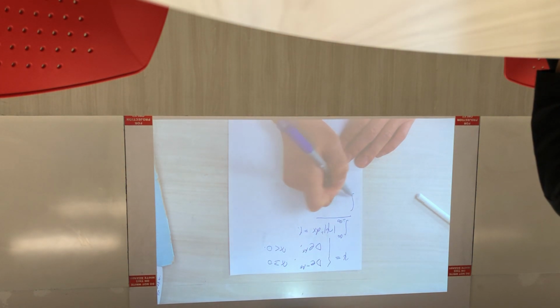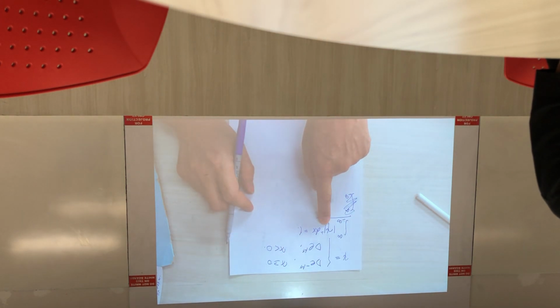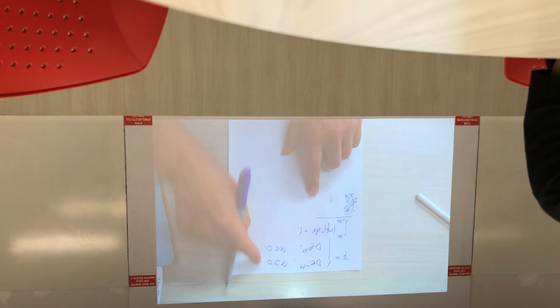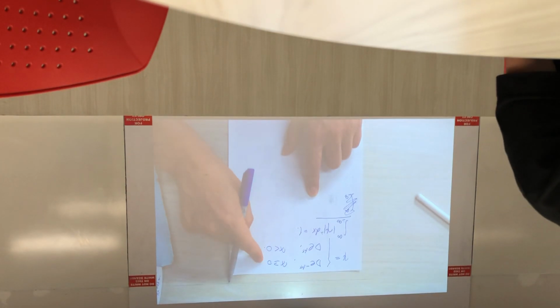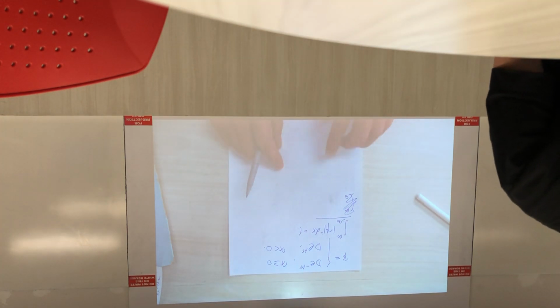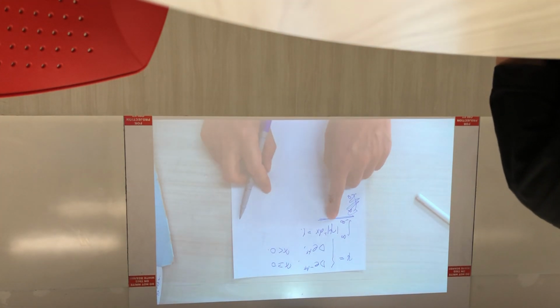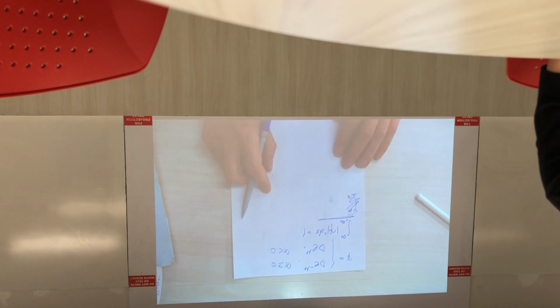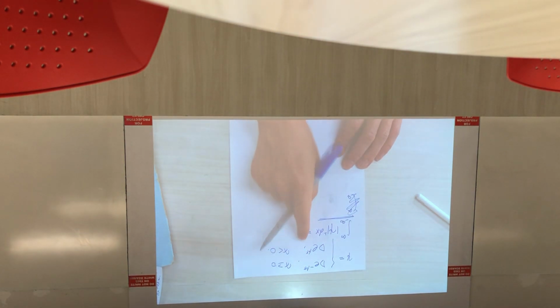Here our wave function is actually in two different forms, depending on the region. So I'm going to expand this into the negative region and the positive region, because we are given different wave functions.